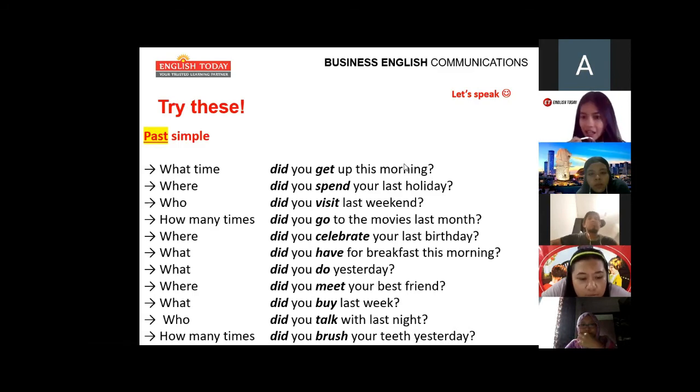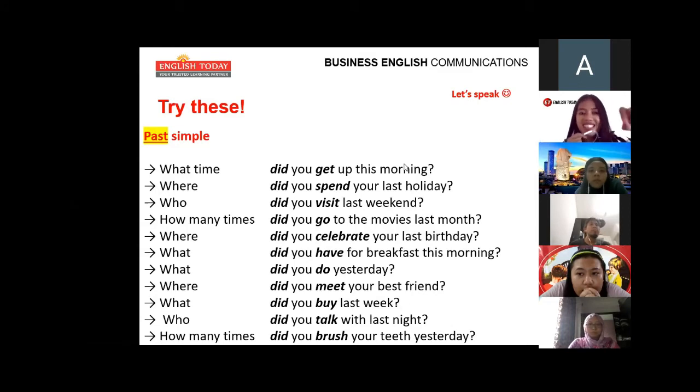Because if you ask a friend at this time in the afternoon, it's not morning anymore, so you don't say do. Also it refers to something that already happened. Your friend is up and is ready for work, so you refer to an activity that happened before now. Therefore, you must use did. What time did you get up this morning?